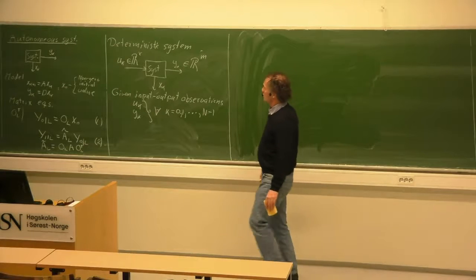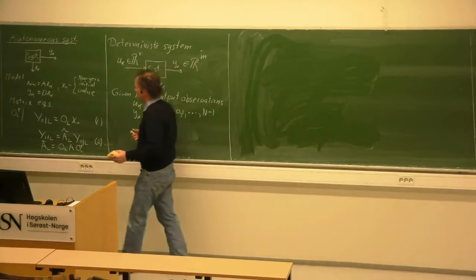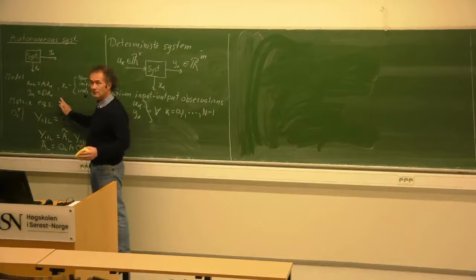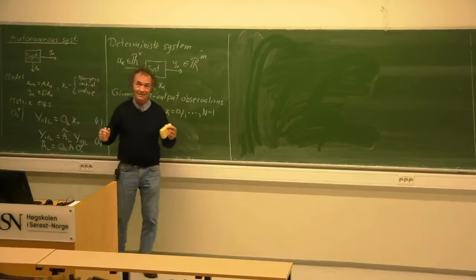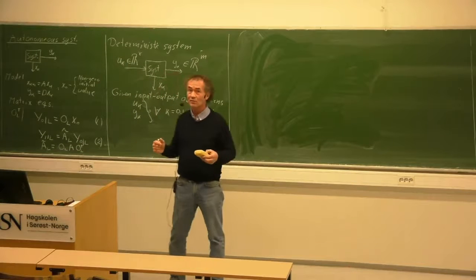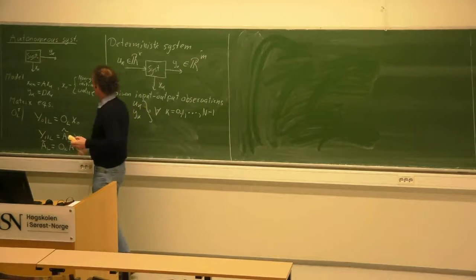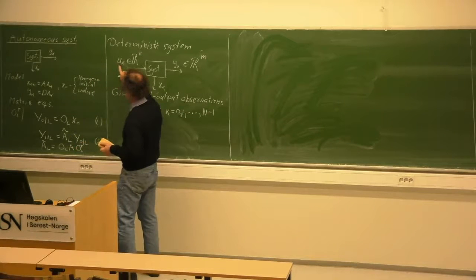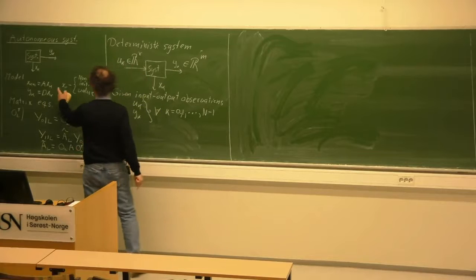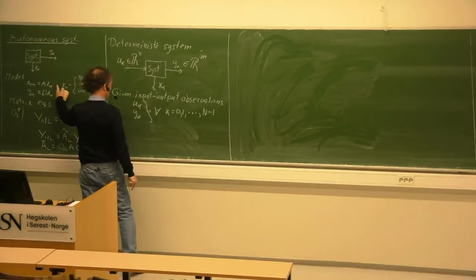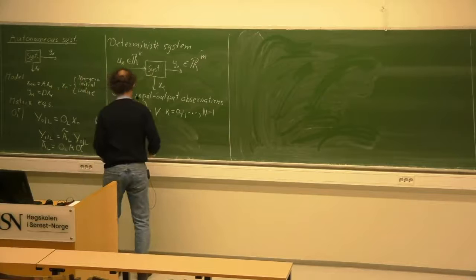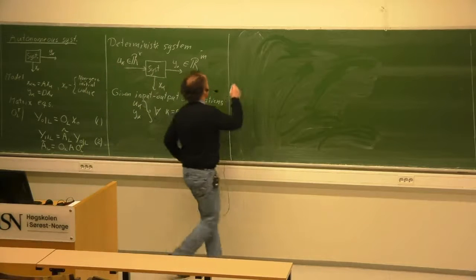And it makes sense to assume a linear, discrete time state space model of this type. But since we have known inputs, we may have an additional term in the state equation. So we assume.